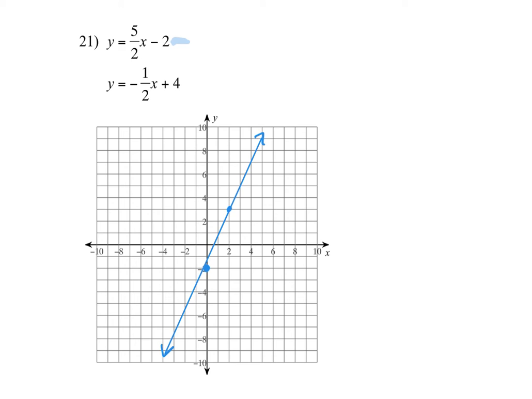Then I'm going to graph my second line. I'm going to start at +4. It's a negative slope, so I'm going to go down 1 and over 2. And then I'm going to graph those 2 points with a line. And where those lines cross is your answer. And you can see that those lines cross right here at the point 2, 3. So the point 2, 3 is your answer.